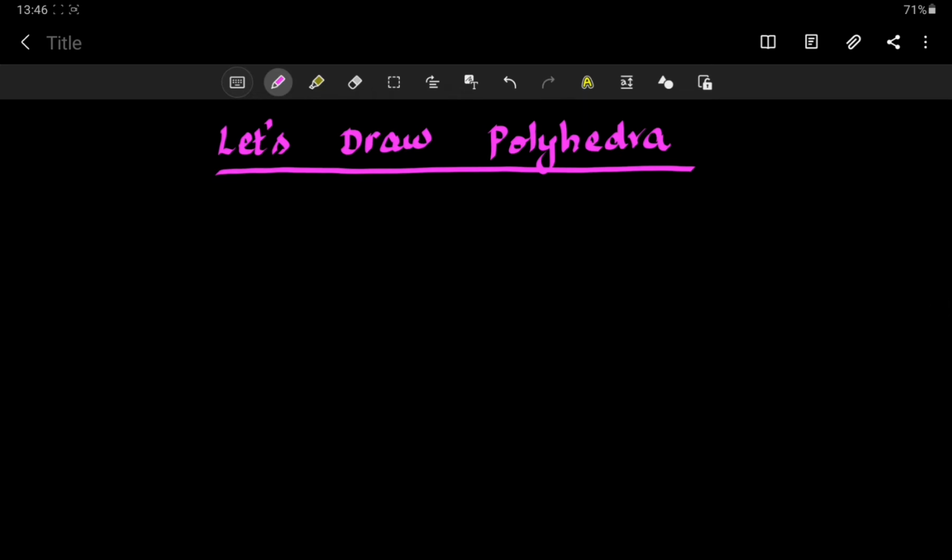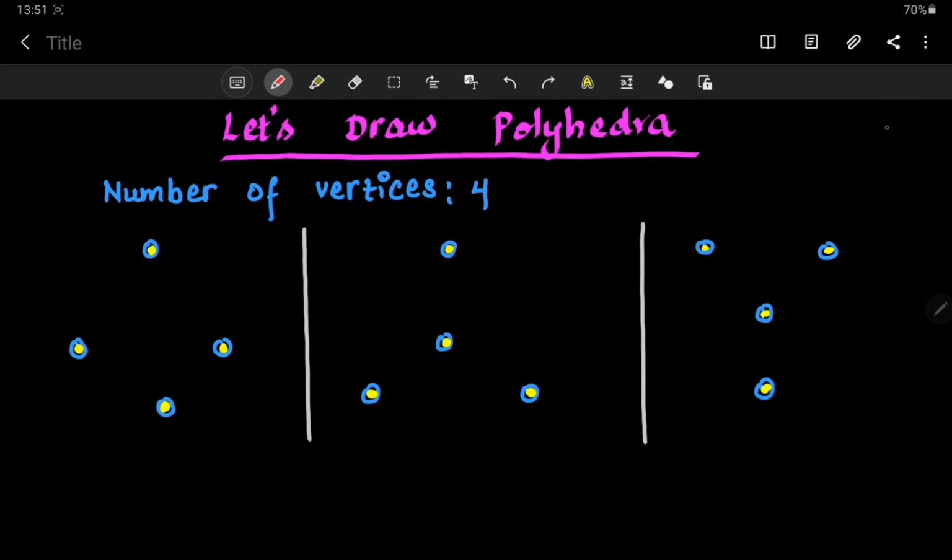I'll begin with a polyhedra taking vertices 4. So I'm starting with a tetrahedra, and I'll be representing 3 different orientations. In the first one, there is a triangular base where the corner is towards the viewer.